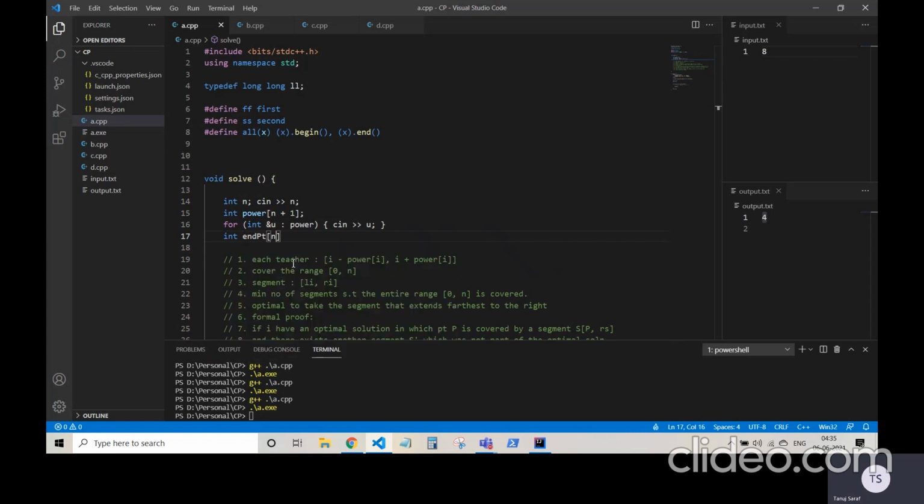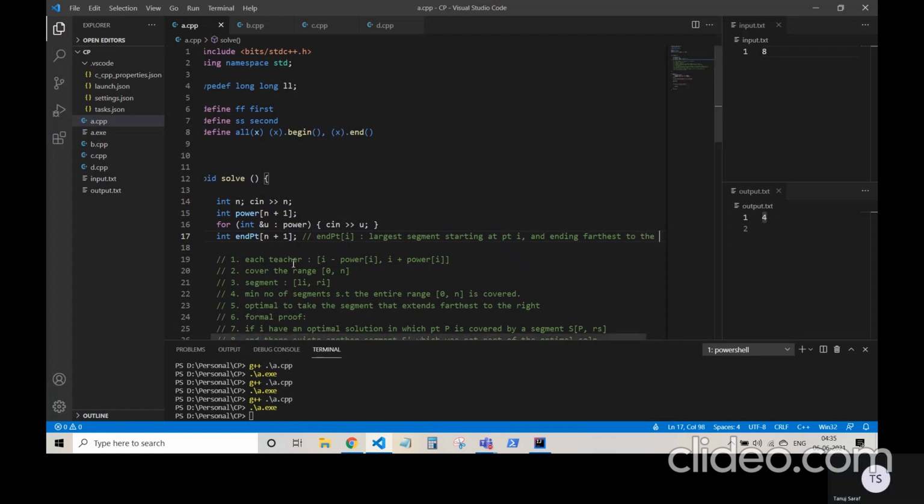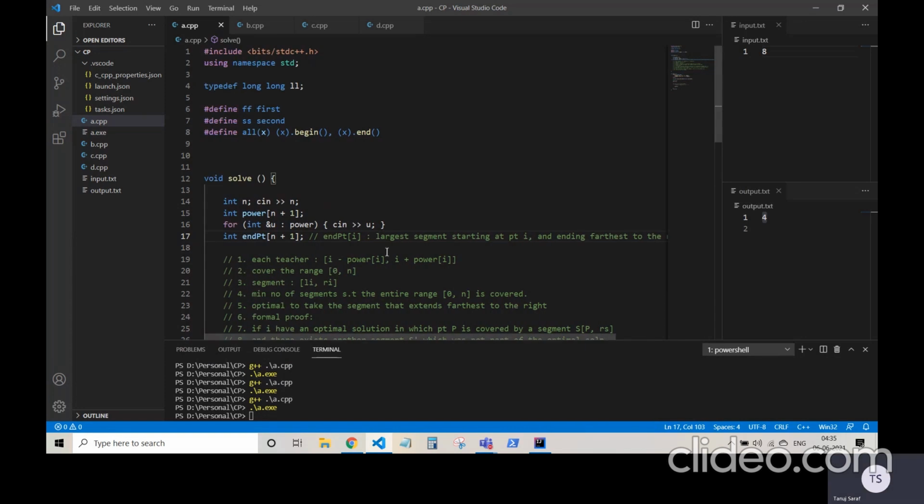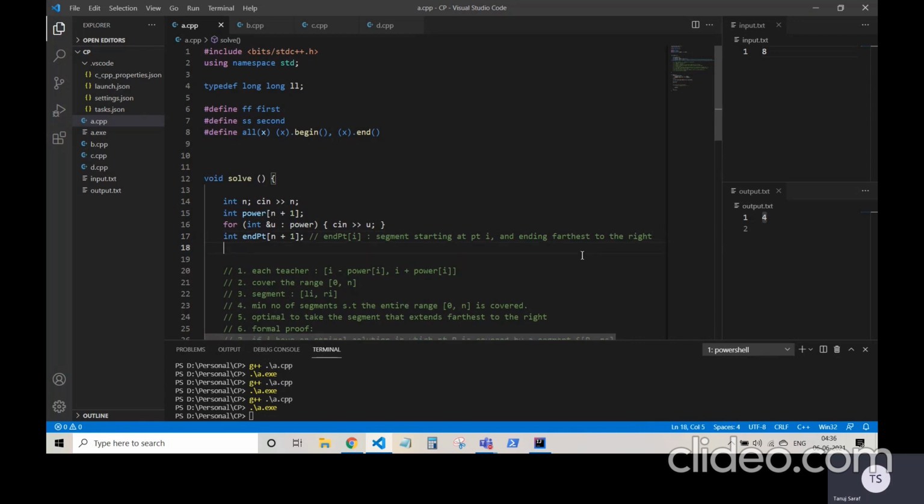So let's maintain an array endpoint of size n plus 1, where endpoint[i] tells us the largest segment starting at point i and ending farthest to the right. So it stores the endpoint of that.